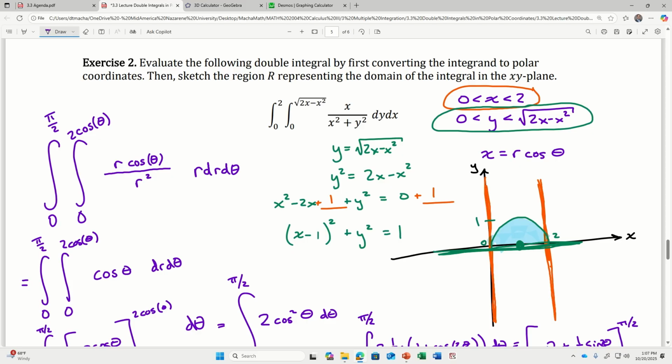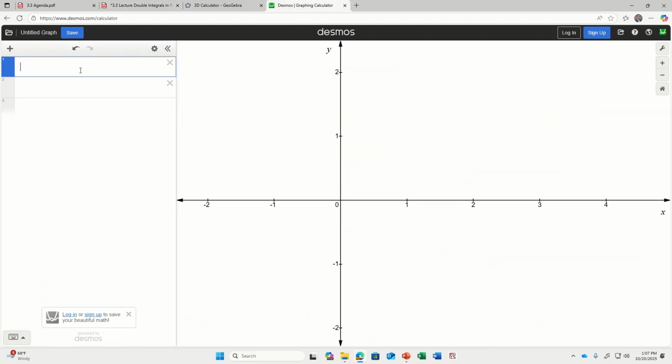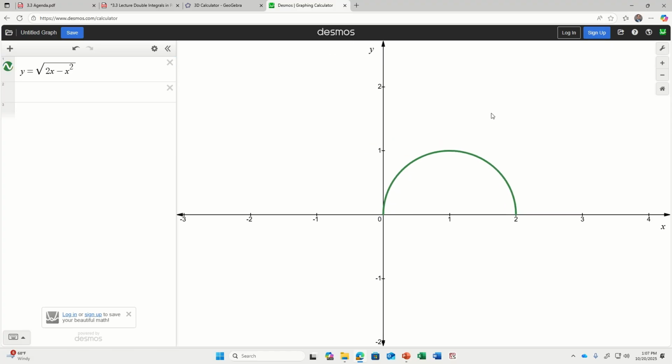If I didn't know what to do next, based on the picture from Desmos, I could have said, yeah, that does look like a semicircle with radius 1. Then you start thinking about why that is, and maybe you can work through it a little bit.